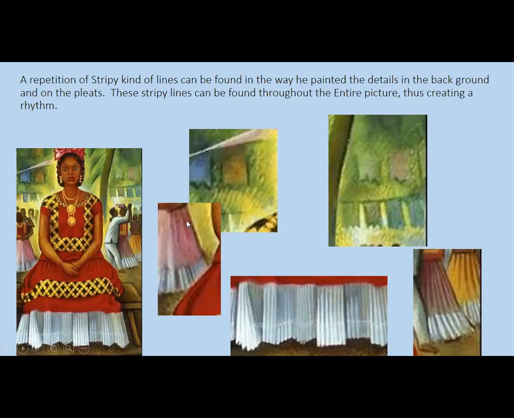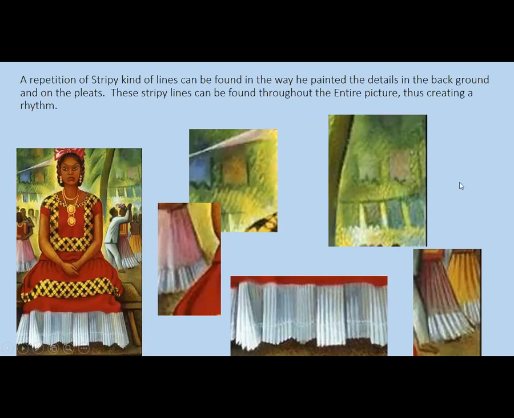And then there's these stripy lines in the pleats and in the fringe of the dresses. They're over here, and over here, and over here. These stripy looking lines are everywhere. And that repetition moves our eye throughout the picture.